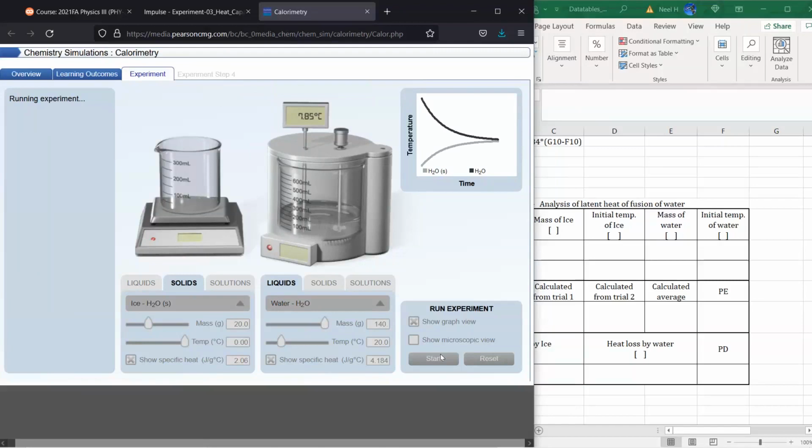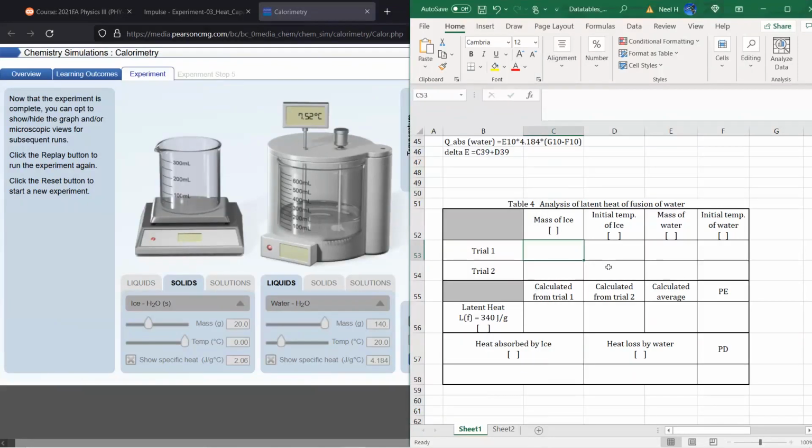I don't think anything is going to change when we do it again with the simulation, but we will try again. Okay, we will do like 2 trials.